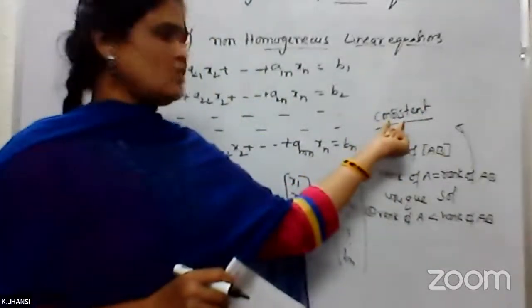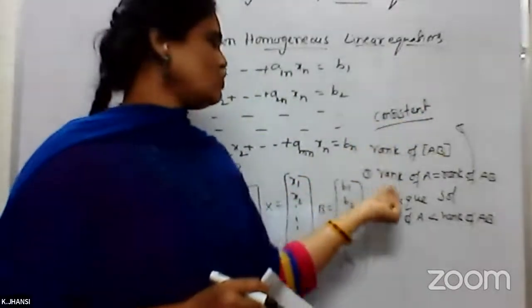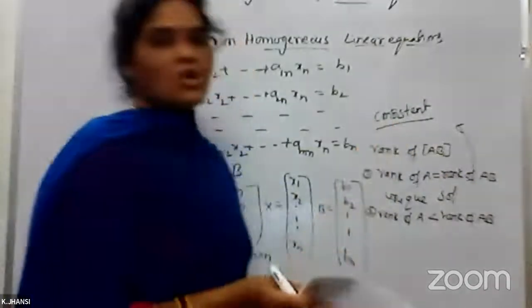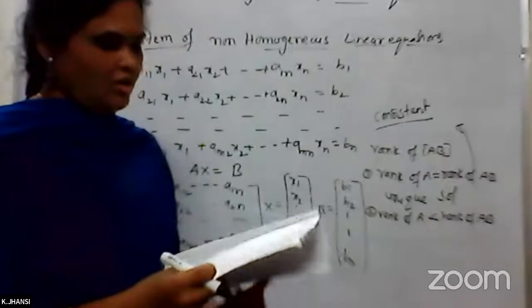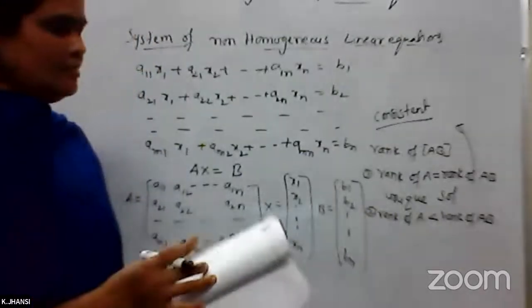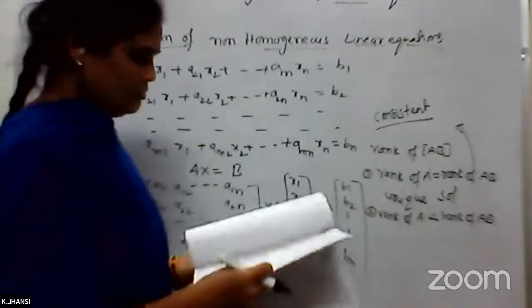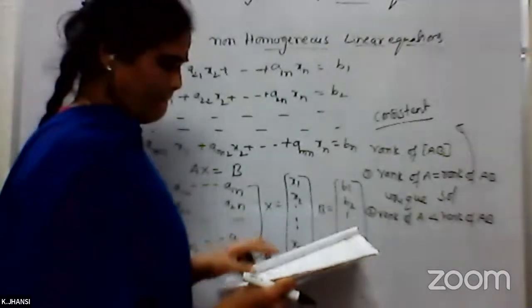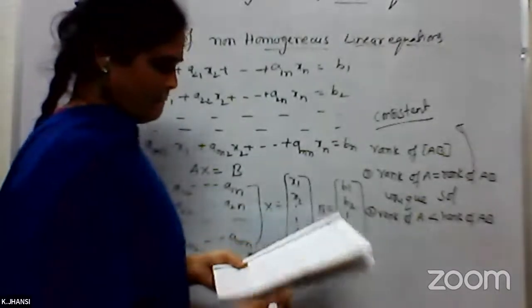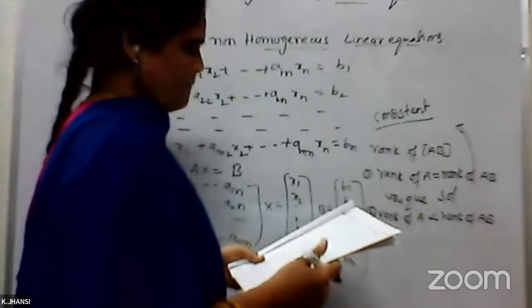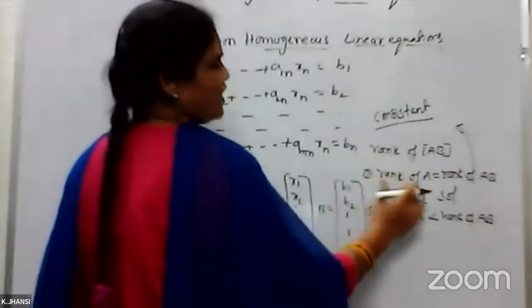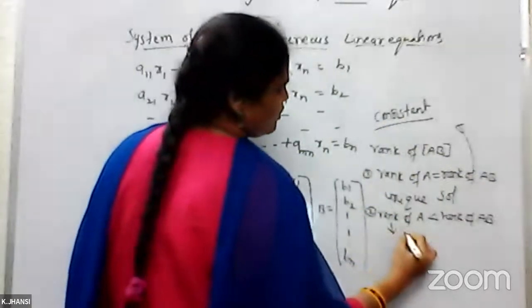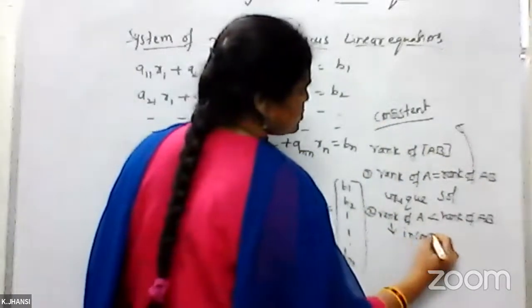When rank of A equals rank of AB, we call it a consistent equation, and if rank of A is less than rank of AB, we call it inconsistent.